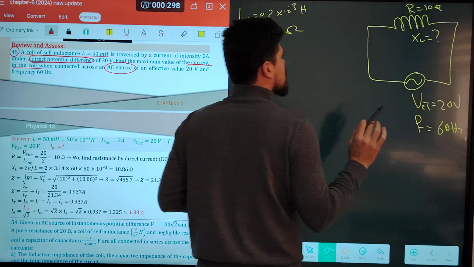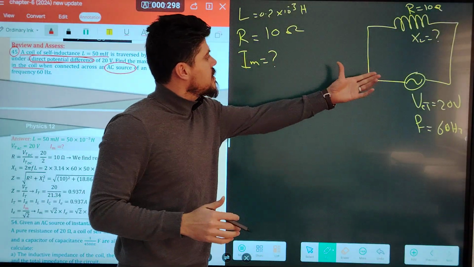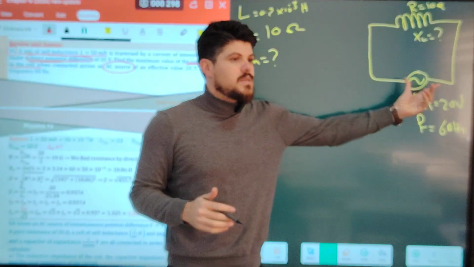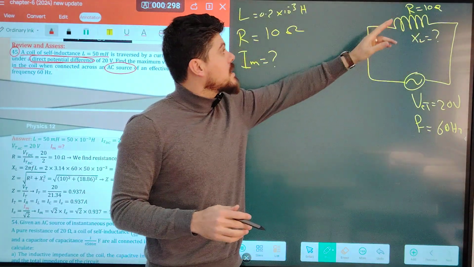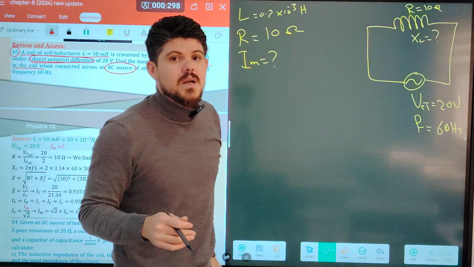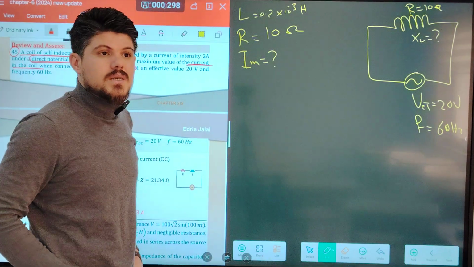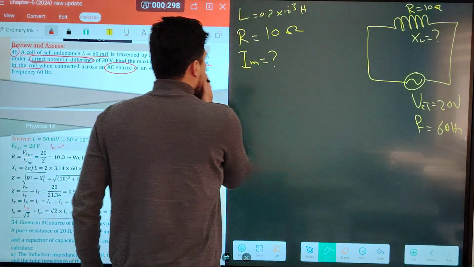Now, in this circuit, because the circuit is connected to AC, for the coil we have both XL and resistance. But at first we didn't have resistance. We found resistance by using the DC source of the circuit.